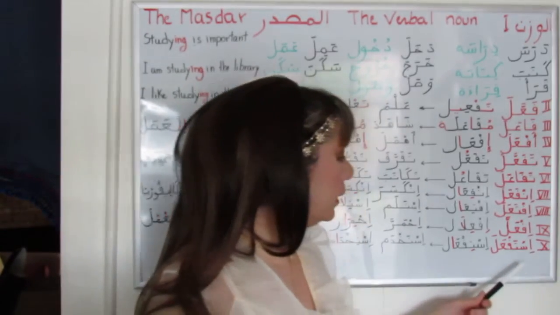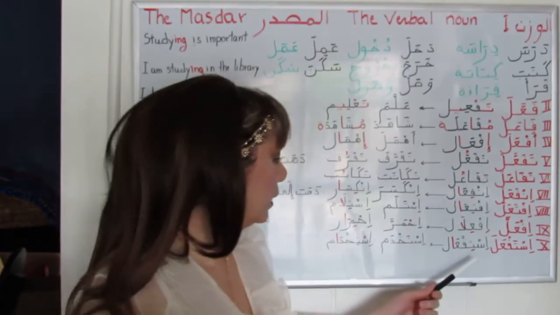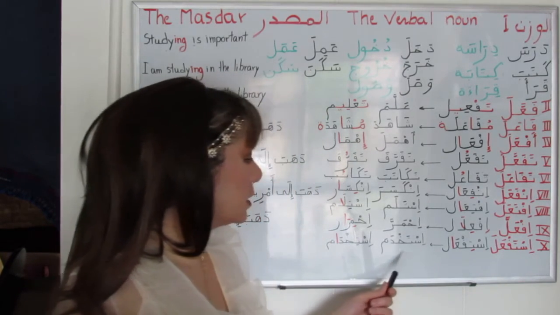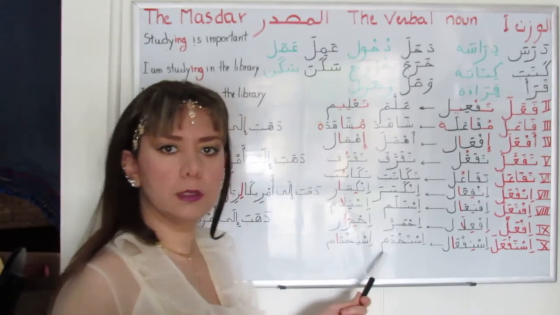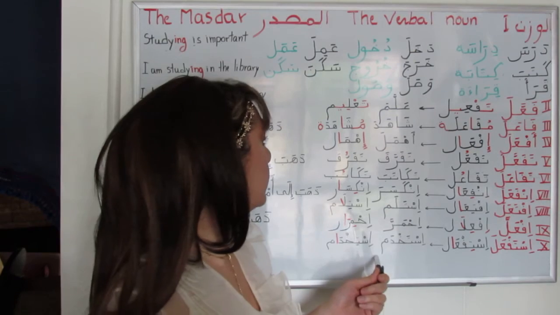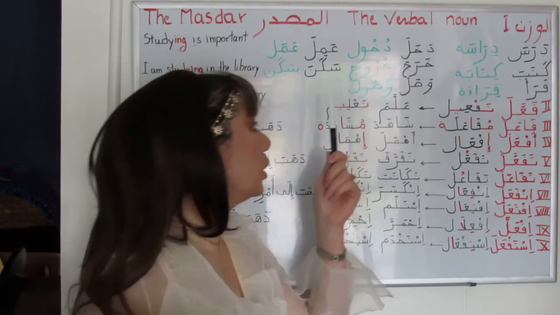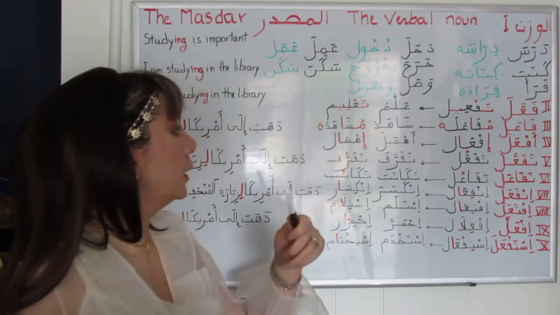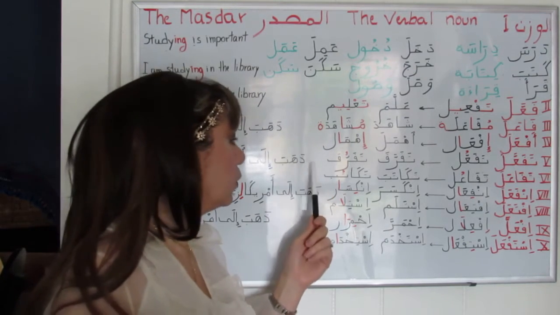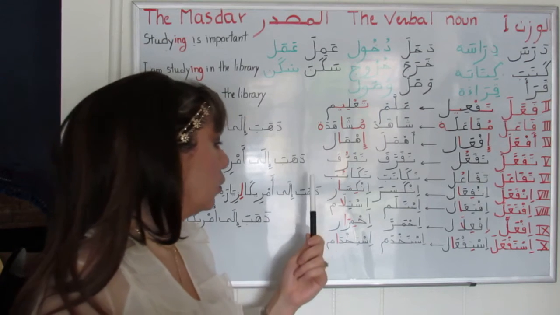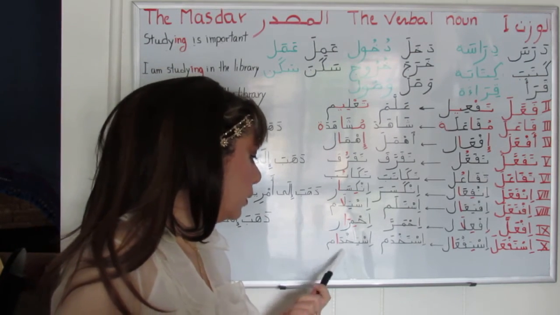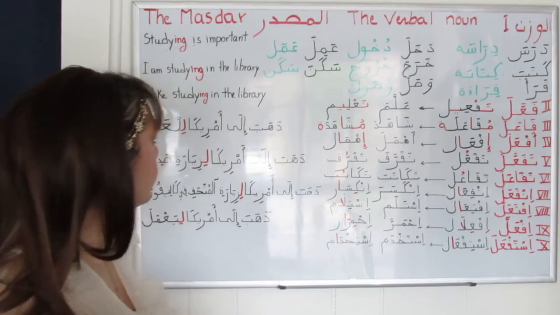And the 10th one, istaf'ala, istif'al. Istakhdama, he exploited. Istikhdam, exploiting. So action of educating, of watching, of neglecting, of spreading, of writing, of breaking, of receiving, of exploiting.